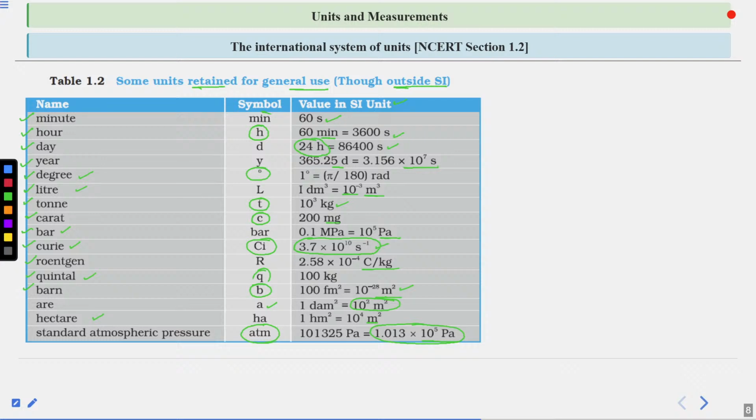So to convert 90 degree into radian, just multiply 90 into pi divided by 180. So you will get pi by 2, half pi radian. Any doubt?